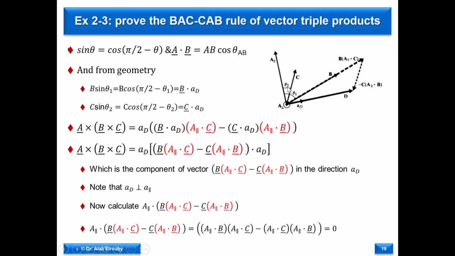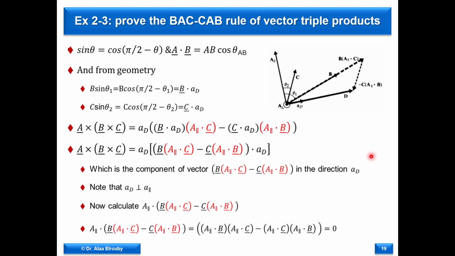So the angle theta 2 is the angle between C and A. It is the complement of the angle between C and D. So B sine theta 1 equals B dot AD. This is theta 1. So sine of this angle equals cosine of that angle here.